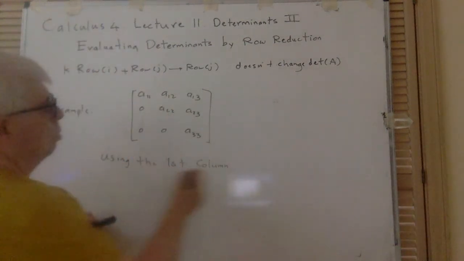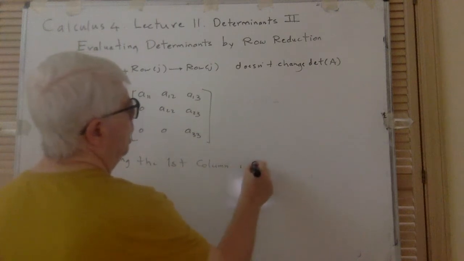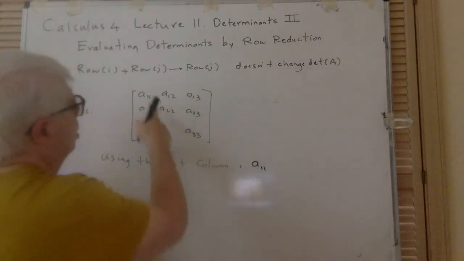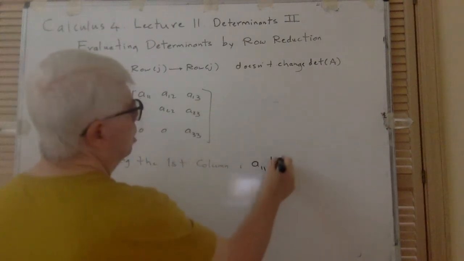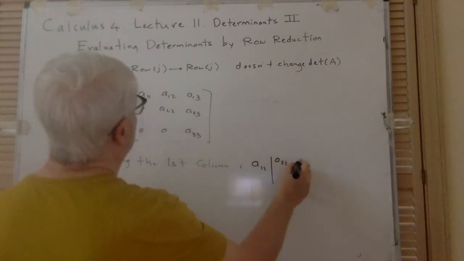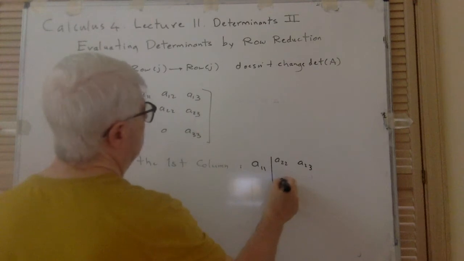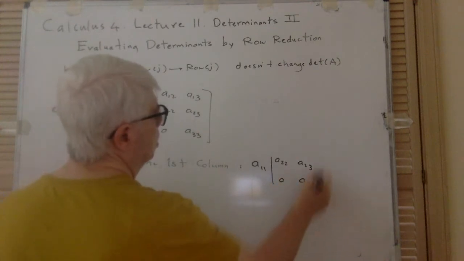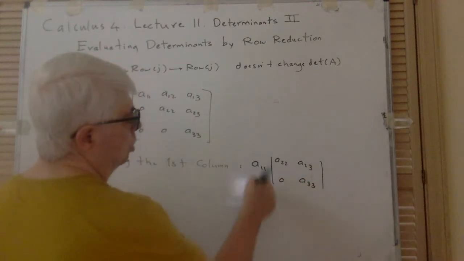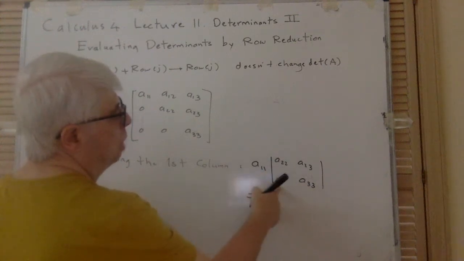Using the first column, I will get A11 times the determinant of A22, A23, 0, A33. The determinant of this is this times this minus this times this.